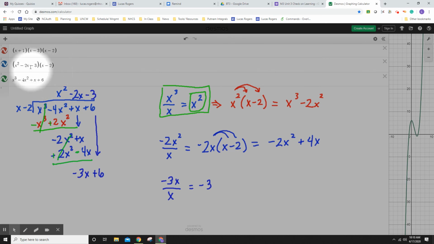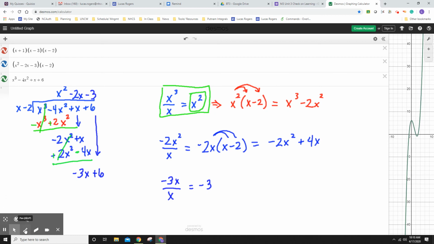I can see that I ended up getting a quadratic back, and that it is indeed the same one that built this original equation. So I distribute in, and to tell that everything worked out correct, when I distribute this in here, everything ends up matching. It equals negative 3x plus 6. So I see that this matches here.